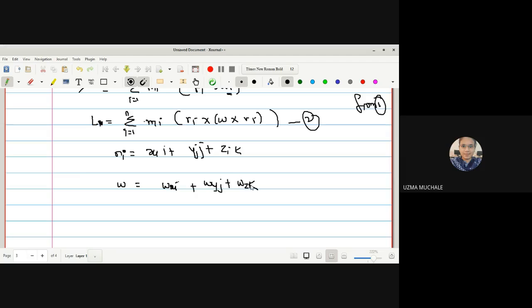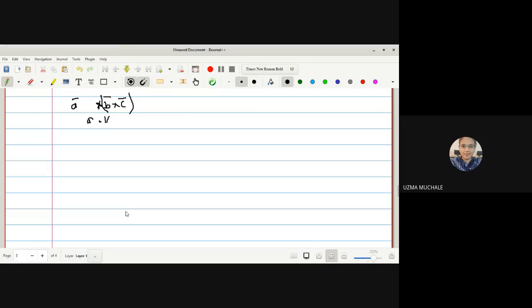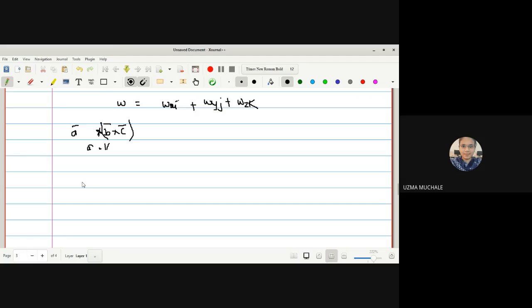What is the property of a vector triple product, which we write like this: A cross B cross C. I think you know about A dot B cross C, but what is the relation if you have A cross B cross C?